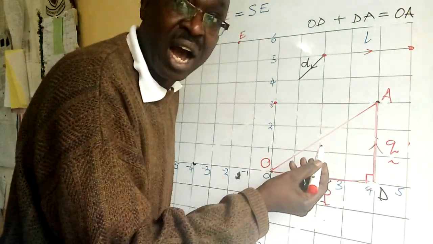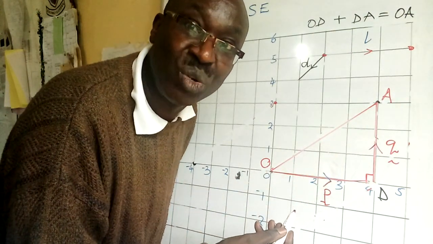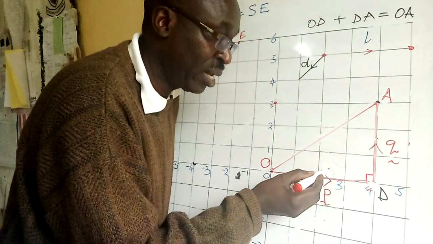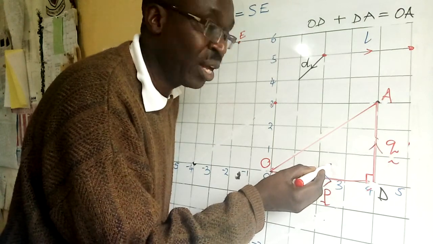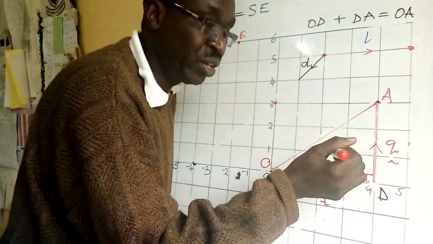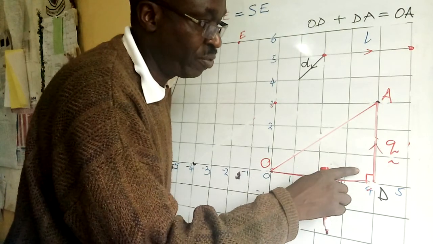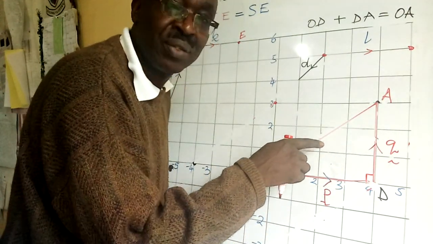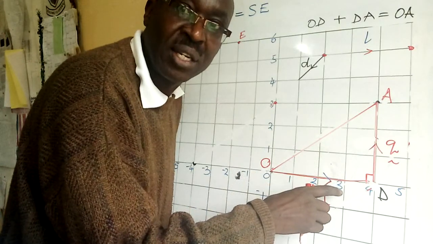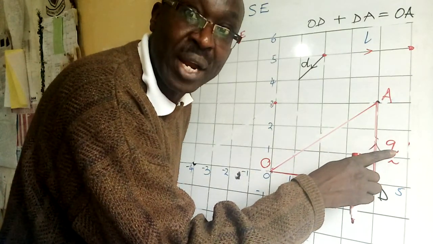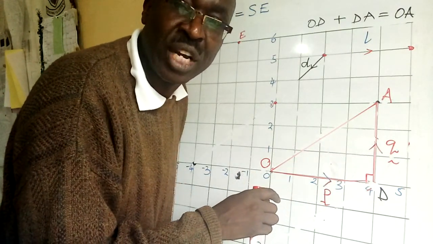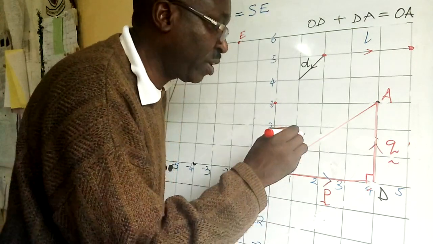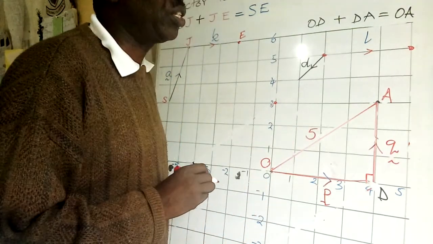This is now a right angle triangle. There are 4 units here, and here there are 3 units. So how do you get this? 4 squared, 16. 3 squared, 9. You get 25. Square root of 25. So we have 5 units.